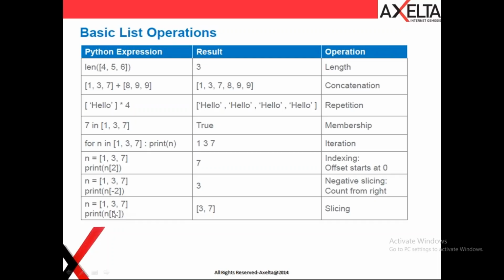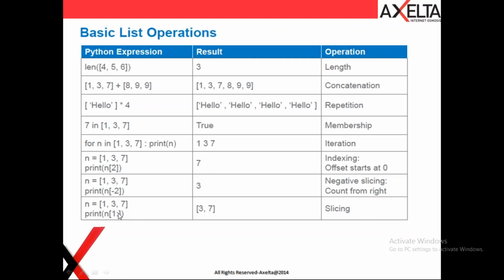By default it will start access from the first location, that is the 0th index, till the last index, but not the last index. You should be very careful about that. The last index is never considered; it stops before that.